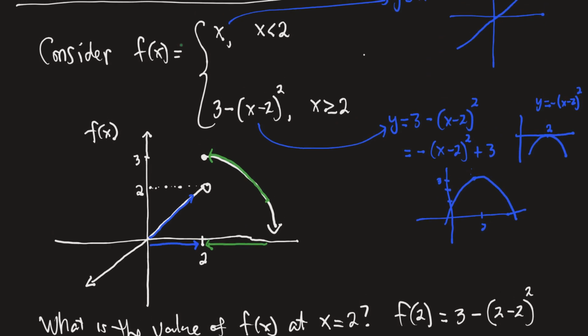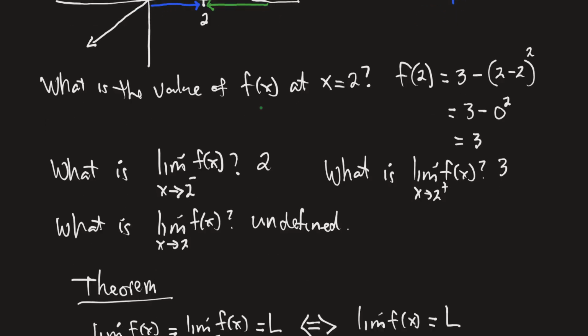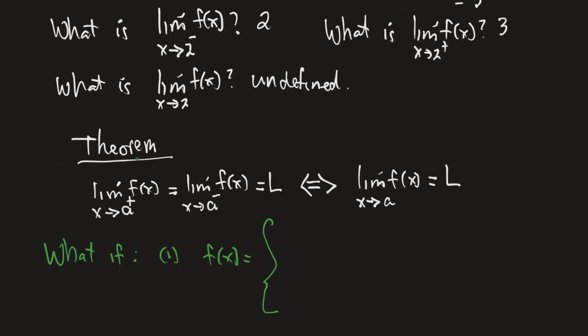Let me change one thing here, and we're going to see how it affects our answers. So if I did the x when x is less than 2, and then the 3 minus the quantity x minus 2 squared when x is greater than, but let me not put the equal sign there.